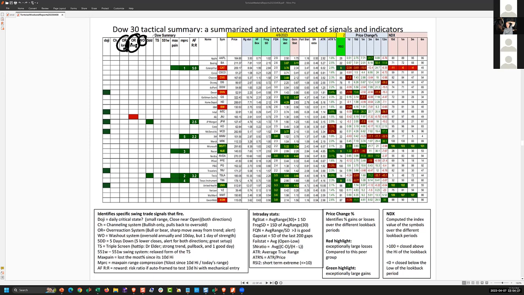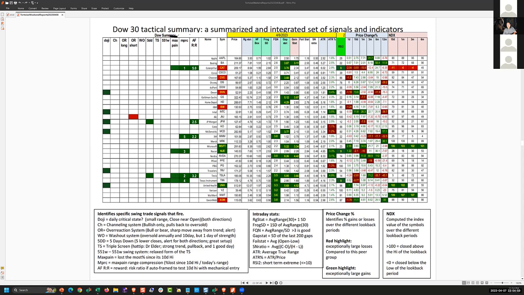The washout pattern, the 5-day down, the triple screen, the 551W, those are all mechanical signals from systems that we teach in the mechanical swing trading course. And if any of those signals fire, then you get a little green light, like I know that the 5DD fired for JP Morgan and for Tesla.